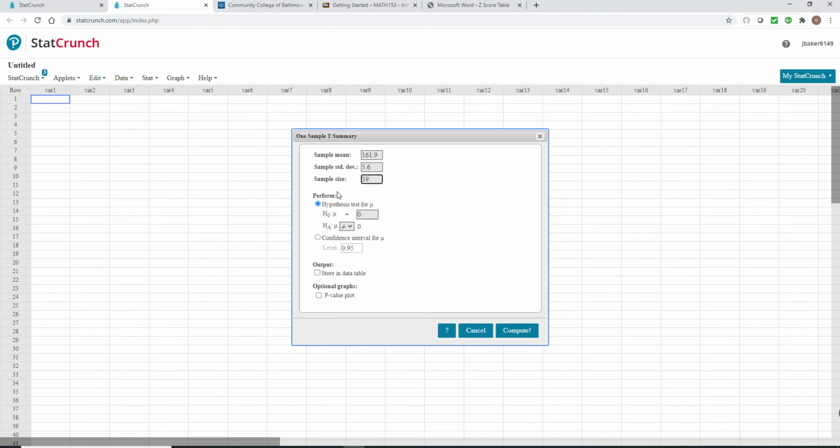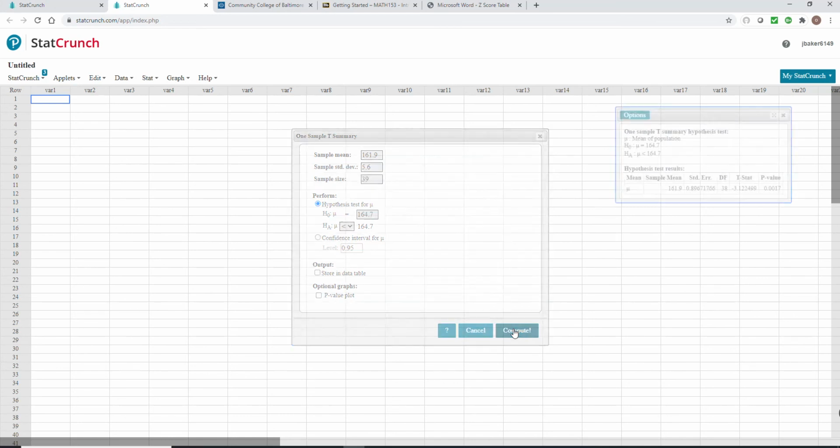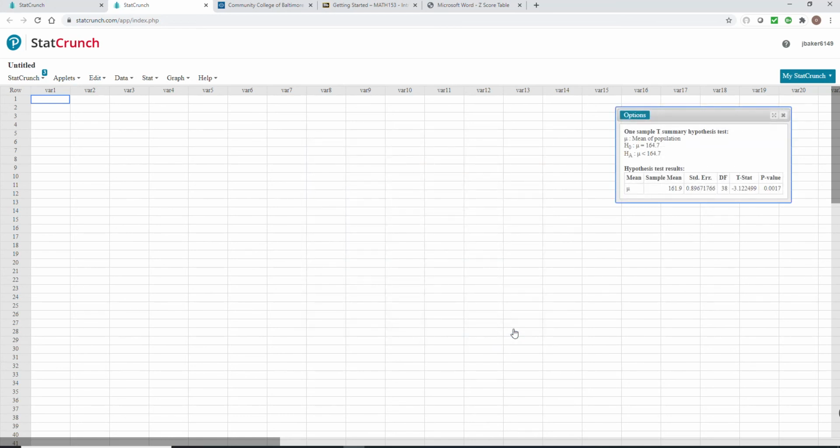And then I am going to go to hypothesis, and this here is where I'm going to put my actual mean for my argument. So 164.7, and I'm going to put down less than, because that was my argument. I don't need to worry about that confidence interval in this case. I'm just going to compute, and we get a p-value of 0.0017.